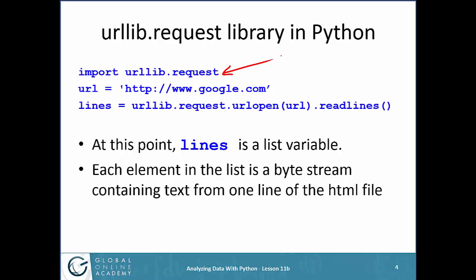So here I'm going to create a string variable called URL. I've got a variable called URL, and it contains the string that has the URL for the website I want to go to.